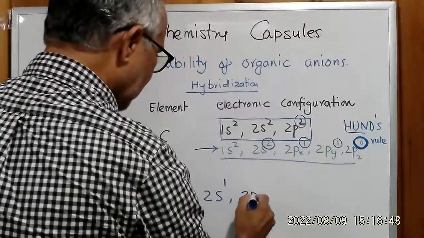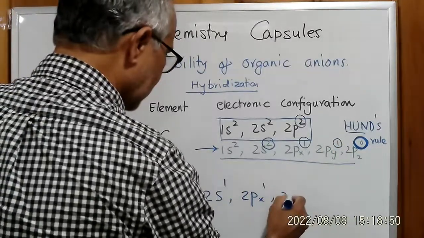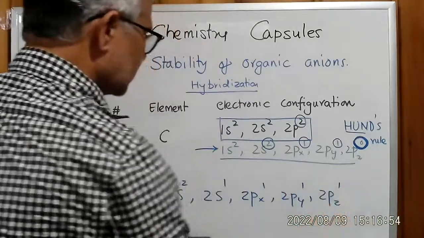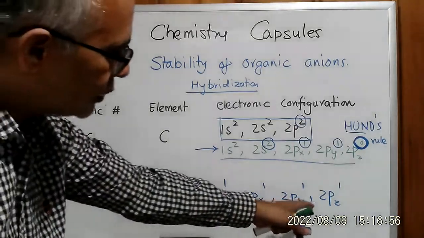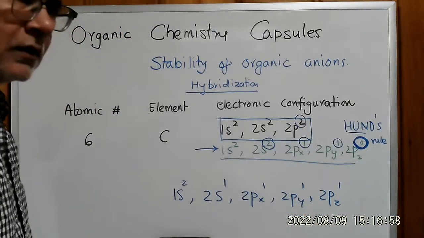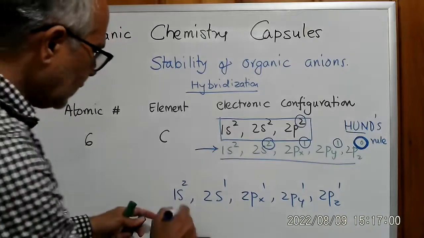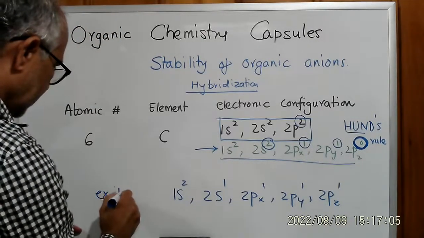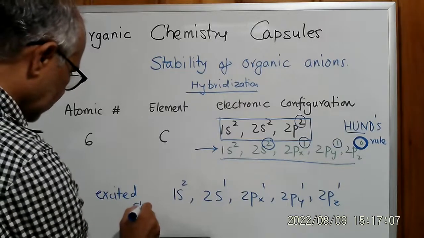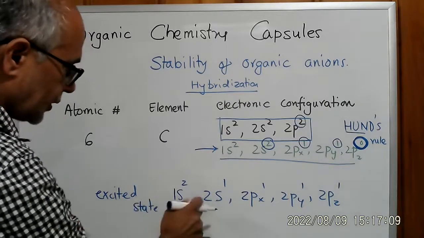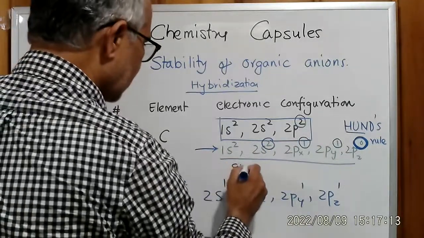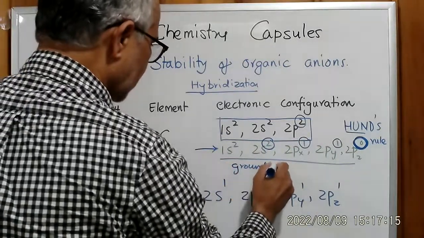Now we call this the excited state electronic configuration of carbon, and the one in green is the ground state electronic configuration.